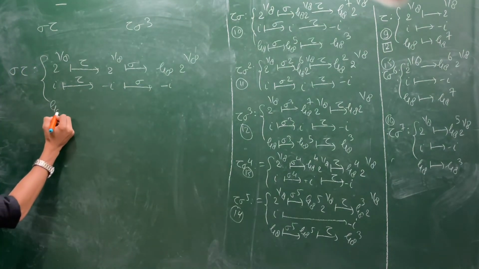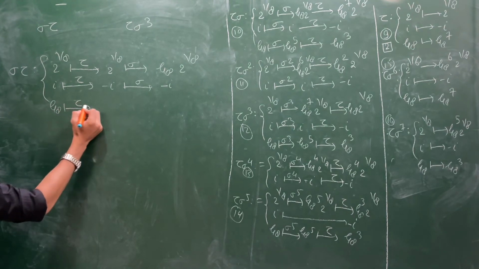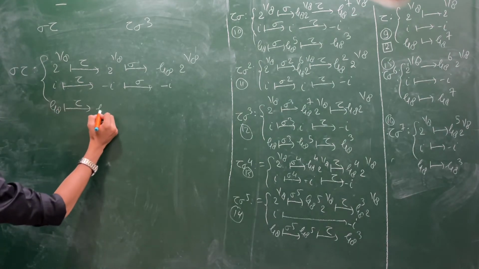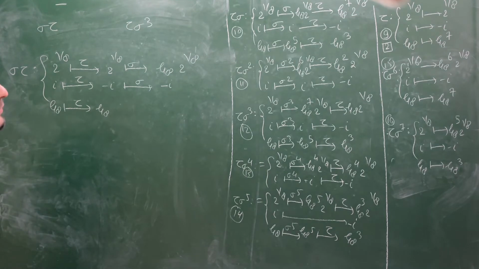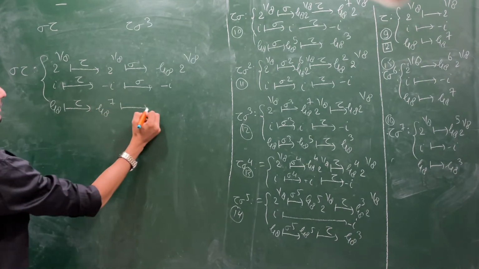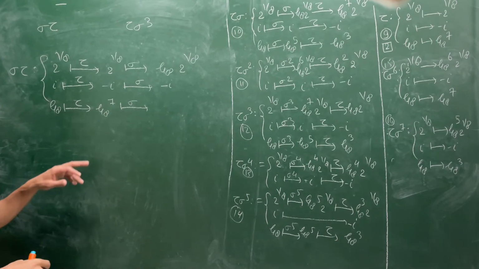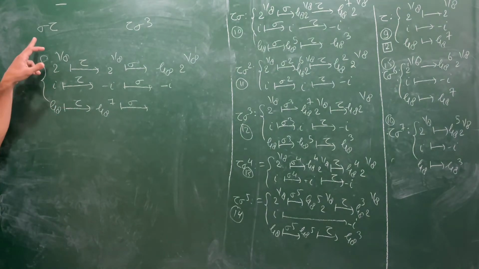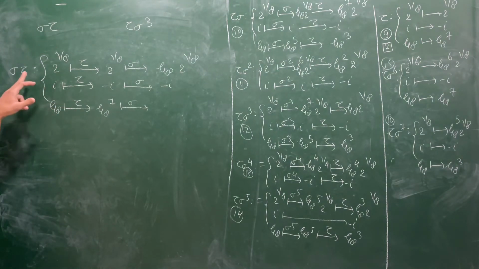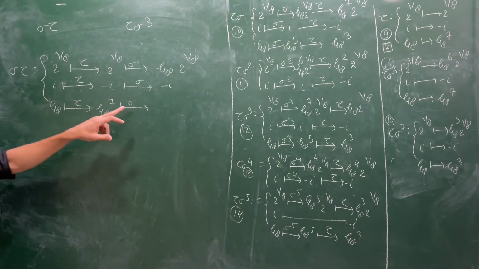Now you operate on this zeta 8 element. Zeta 8 under tau goes to zeta 8 to the power 7. Then your sigma will send zeta 8 to the power 7. Remember your sigma? Sigma is sending zeta 8 to zeta 8 to the power 5. So it will send it to zeta 8 to the power 40.